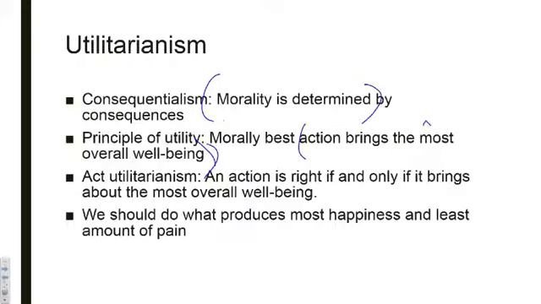This is not trying to make everybody happy, okay? Utilitarianism is not the same thing as you have to make everybody happy. It very well might be some people are not happy. But if the happiness that is produced among everybody involved is the most happiness that can be produced, then the action is right.